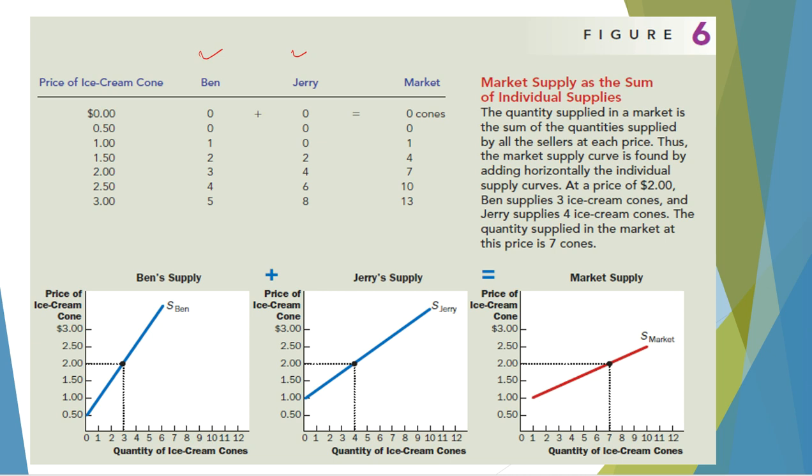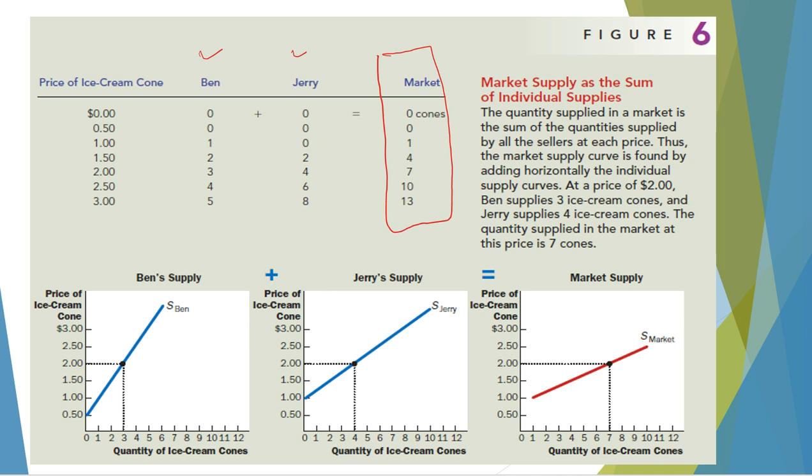At any price, Mr. Ben's supply schedule tells us the quantity of ice cream Mr. Ben supplies, and Mr. Jerry's supply schedule tells us the quantity of ice cream Mr. Jerry supplies. The market supply is the sum of the two individual supplies.